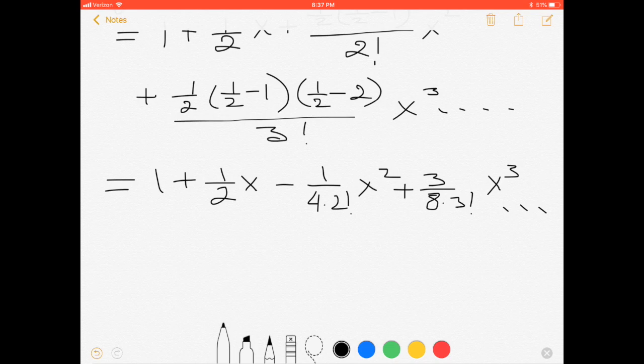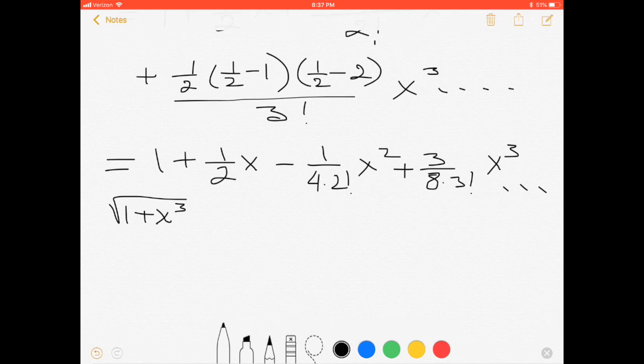What happens if you have square root of 1 plus x cubed? This means you need to switch x for x to the third degree.